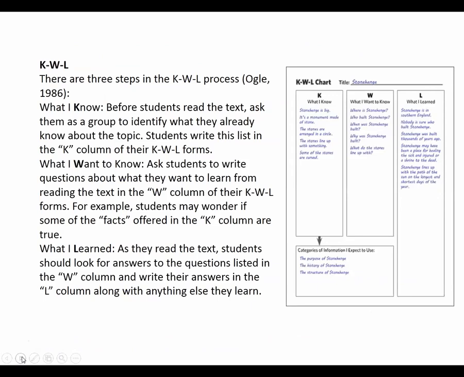Then there is another activity that can be done in post-reading stage, and especially for an expository text, that is known as KWL. Okay, this is basically a 3-step chart, and in this chart, before, during, and after, all these 3 are included: what I know, what I want to know, and what I learned.